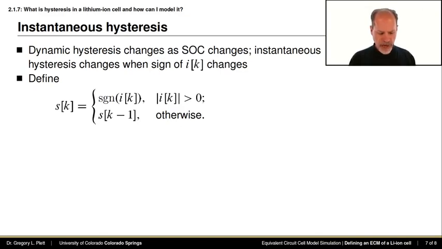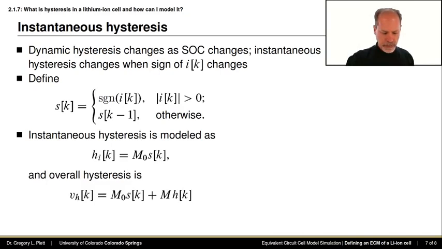And so this sine function, S of k, maintains a memory of whether I've been discharging or charging most recently. And so S of k is always either +1 or -1. It's never 0. If the sgn function would tend to make S 0, we don't allow that. We just keep the previous result.